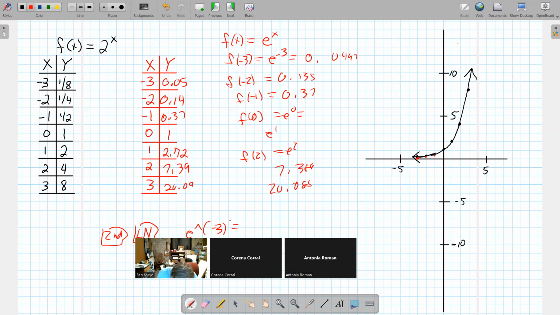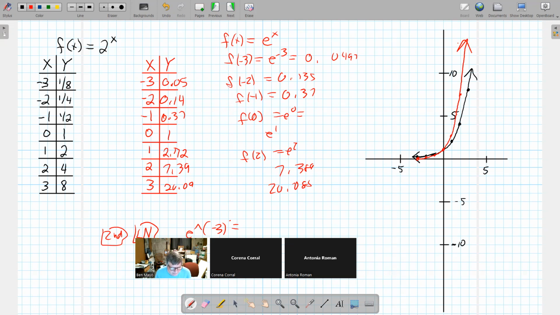And then we're up to about a third, a little more than that, and then 1. When x is 1, y is 2.72. When x is 2, y is 7.39. And then from there, it goes off the graph. So we've got this picture that looks like that.